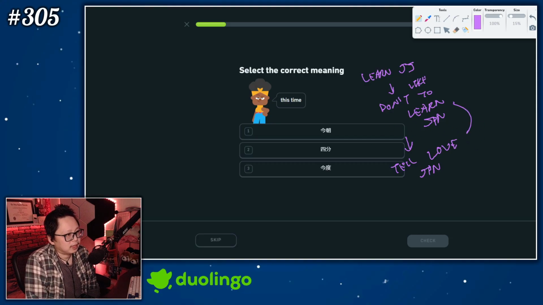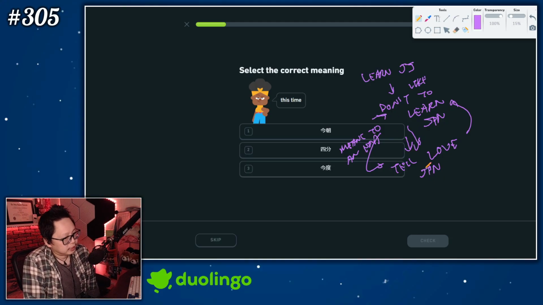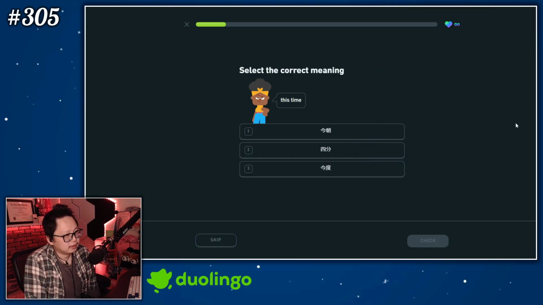That's different from liking to learn Japanese. Learning Japanese is a means to an end. So it's a necessary evil in order to appreciate the Japanese language. I do not have that opinion.